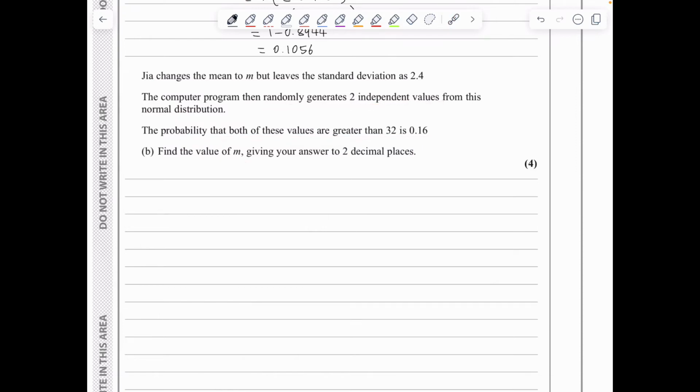So we now have that x follows normal with mean m and standard deviation 2.4, and we've got the probability of both of these values being greater than 32, so this will be squared because they are independent, is 0.16, which means that the probability of x being greater than 32 is the square root of 0.16, which gives an answer of 0.4. I will proceed by standardizing, so I've got the probability of z greater than 32 minus m over 2.4 being equal to 0.4.